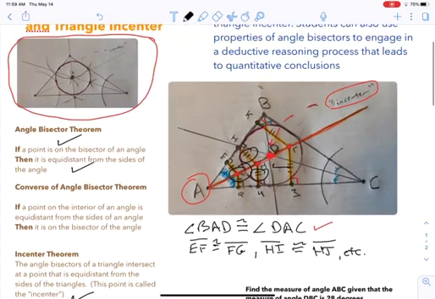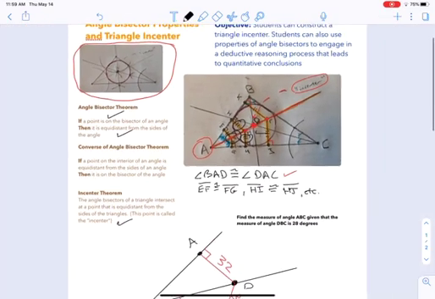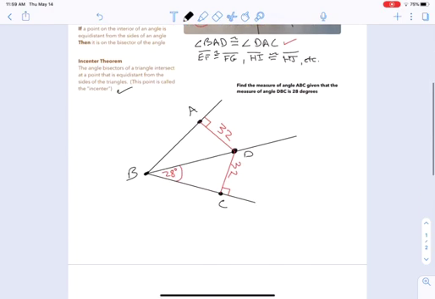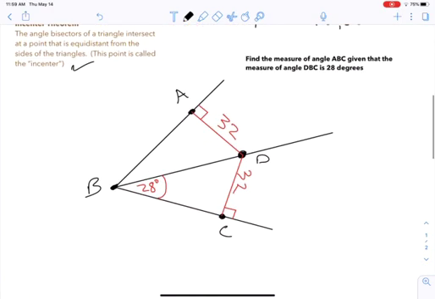Beautiful construction. The problems in this lesson are going to look kind of like this. Find the measure of angle ABC. That's the big one here, this whole large angle here, given that the measure of angle DBC here is 28 degrees.